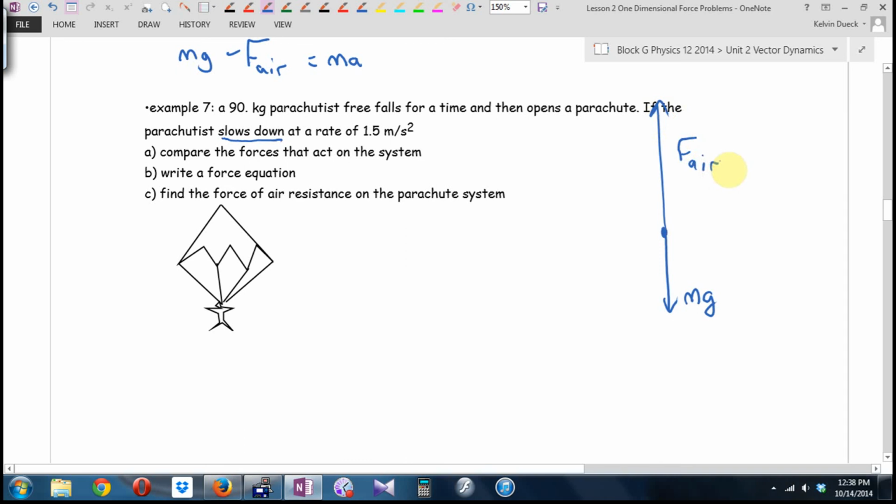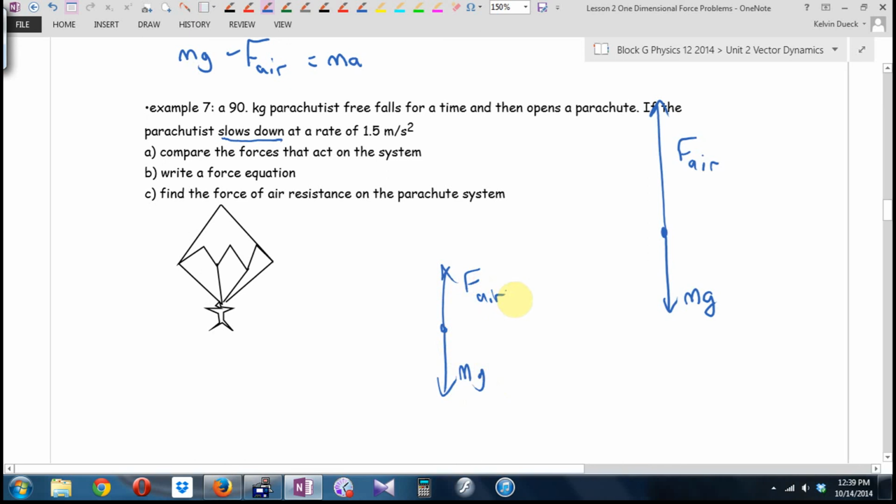Okay? Now, don't write this down for the next second. As I slow down, this is why we don't look at air resistance, because it's very complicated. As I slow down, as I decelerate, what happens to the force of air resistance? It gets shorter and shorter, and then you reach the magic equilibrium point where air resistance and mg are the same.